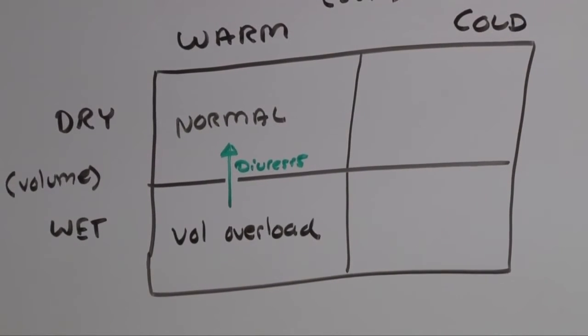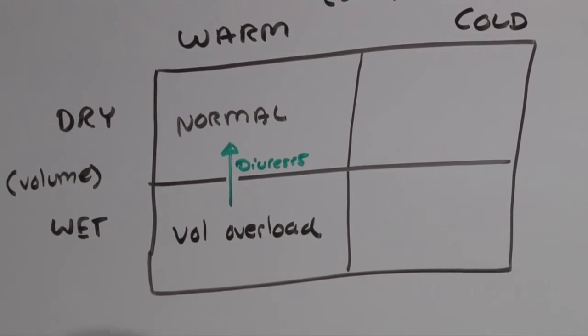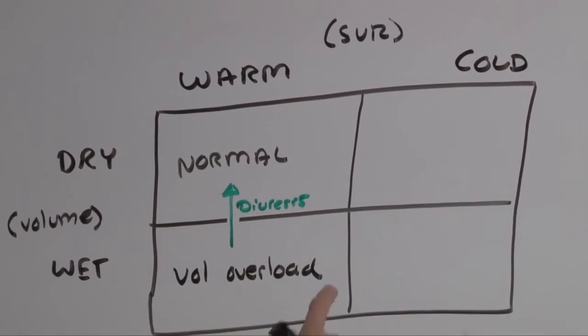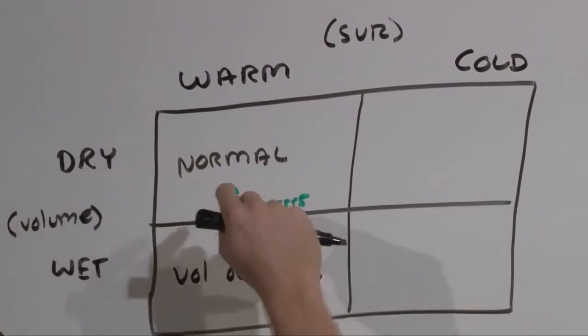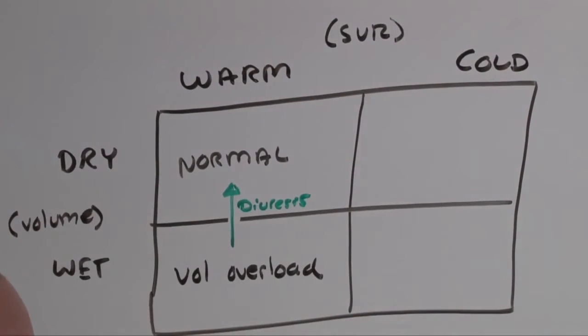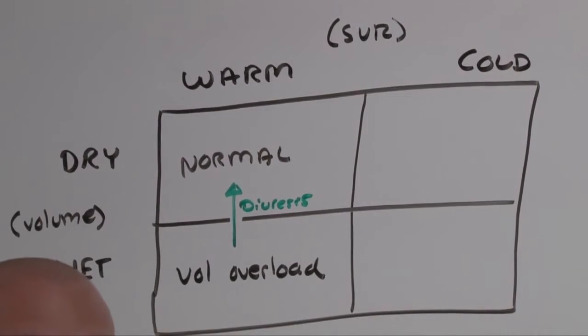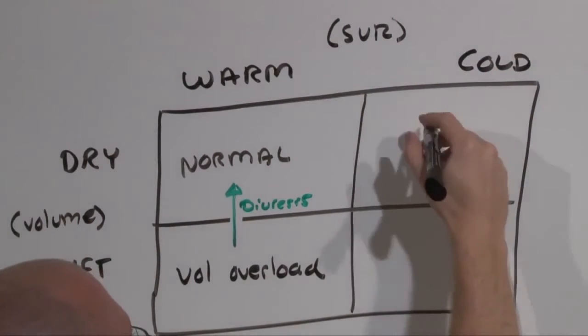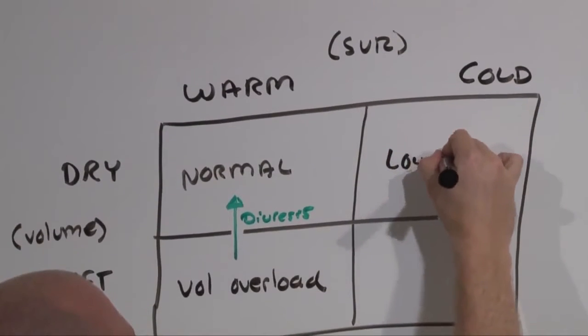That is to say that systemic vascular resistance is elevated. If they are cold and dry, it means they have no volume overload. They just don't have any forward flow to perfuse the kidneys well, and thus the response is an increased systemic vascular resistance. This person is in a low flow state.